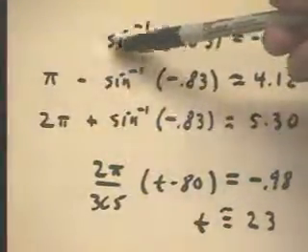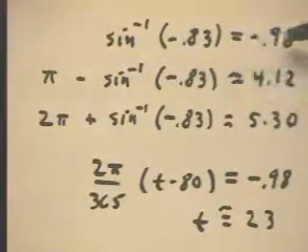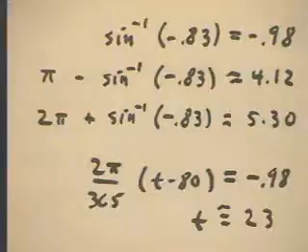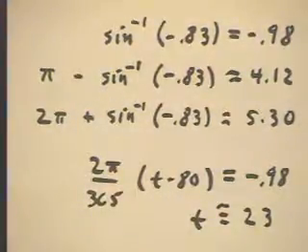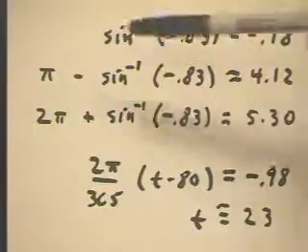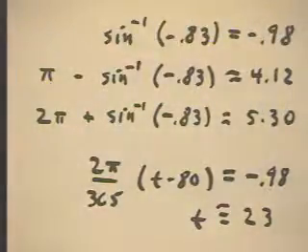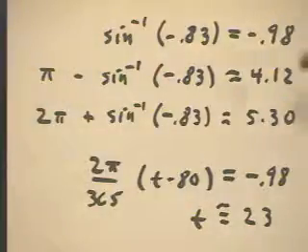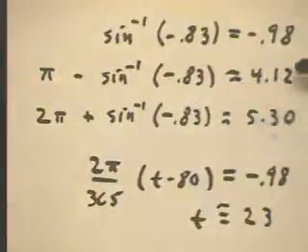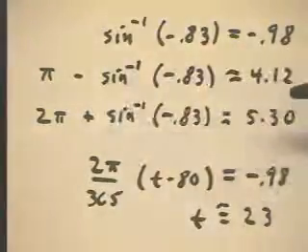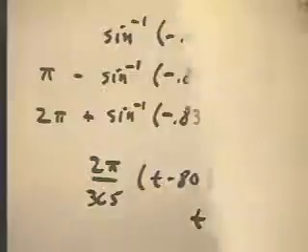Okay. To say that the inverse sine of negative 0.83 equals negative 0.98, well, we're just noting here, the inverse sine of negative 0.83 is negative 0.98, pi minus the inverse sine of negative 0.83 is 4.12, 2 pi plus the inverse sine is 5.30.